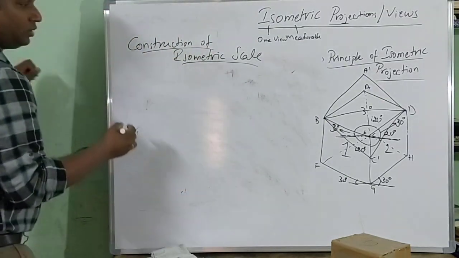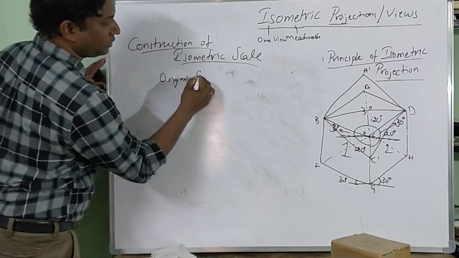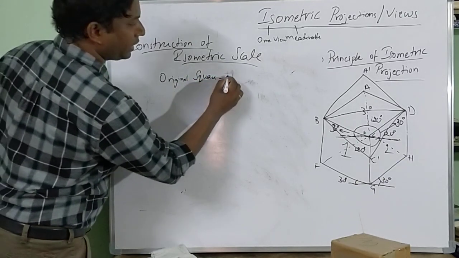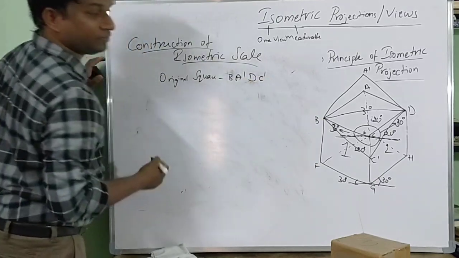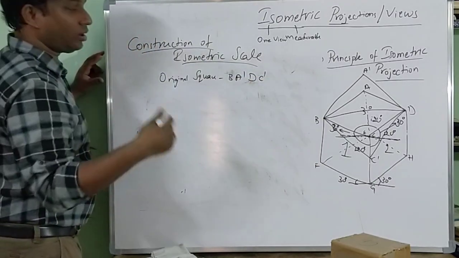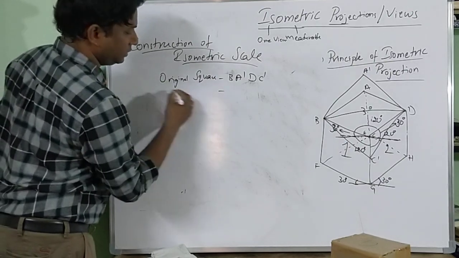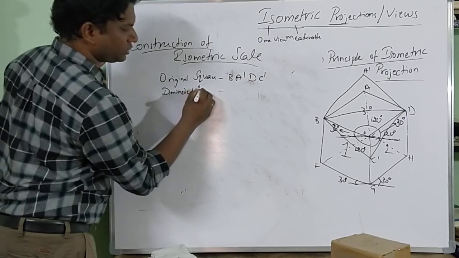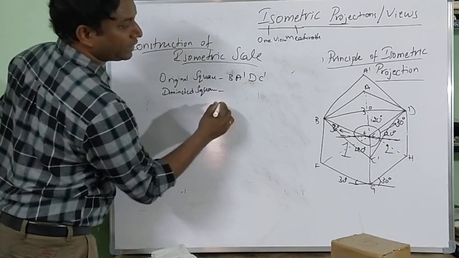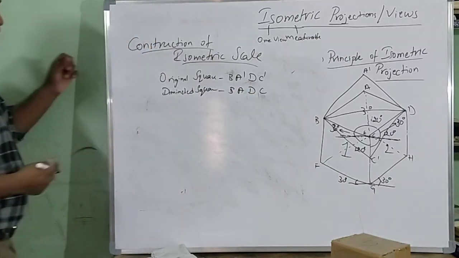Now if you observe, the original square I am calling B A dash D C dash. The changed square, or diminished square, or rhombus, the tilted square, what actually is it? B A D C.